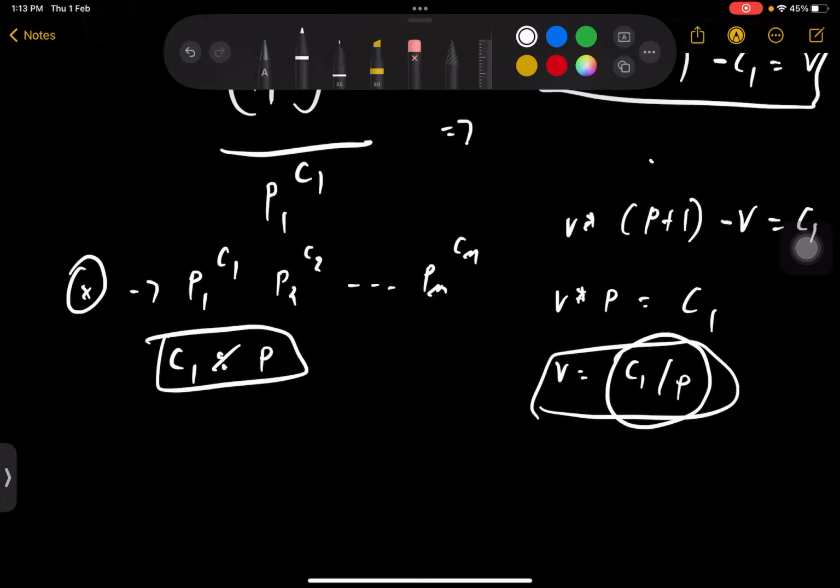So for such things, we should multiply 2. And for all other things in which this is not true, that is C1 won't be divisible by P, we should multiply 1, because there will only exist one value, that is perfectly C1.